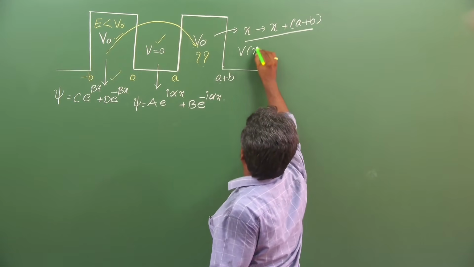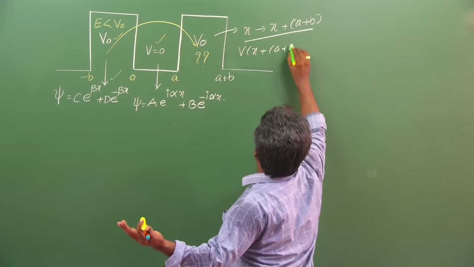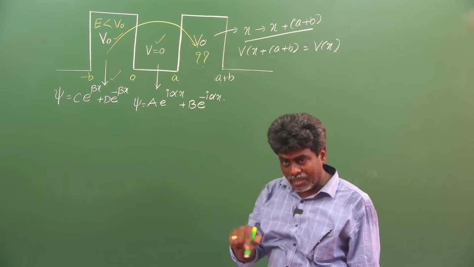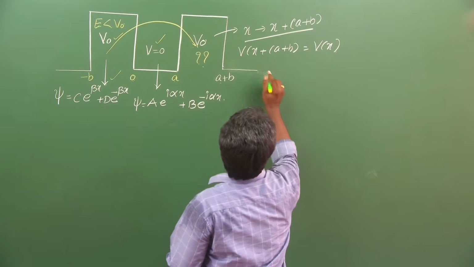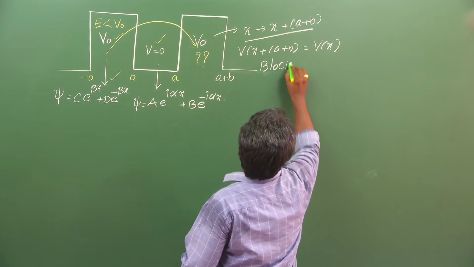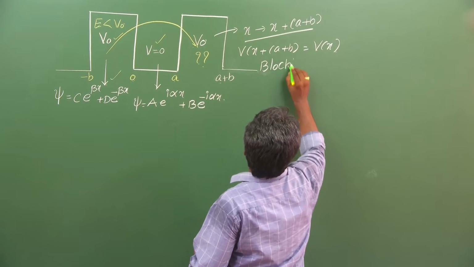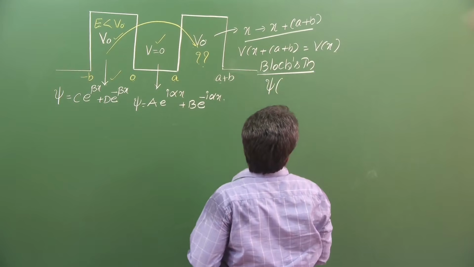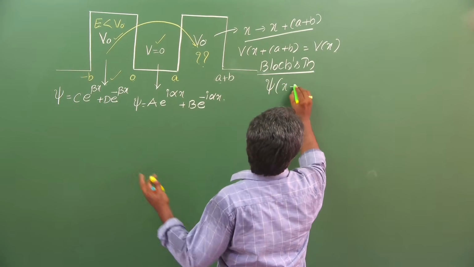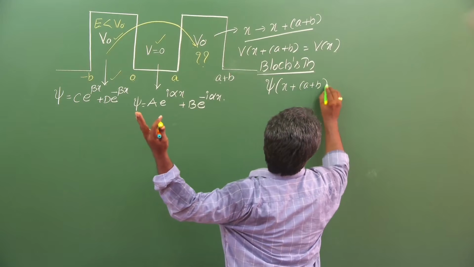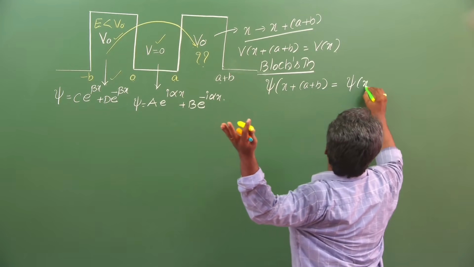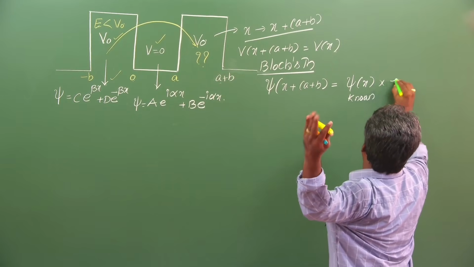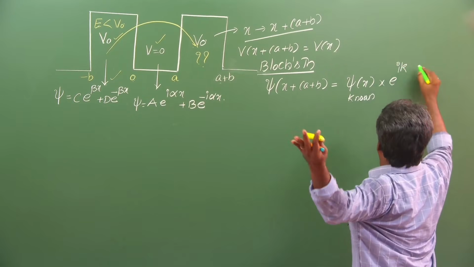That means V of x plus a plus b equal to V of x. According to Bloch's theorem, listen. The wave function after the periodicity, psi of x plus a plus b, equals the known psi of x times e raised to ik times the periodicity.